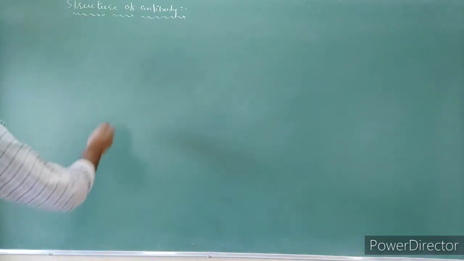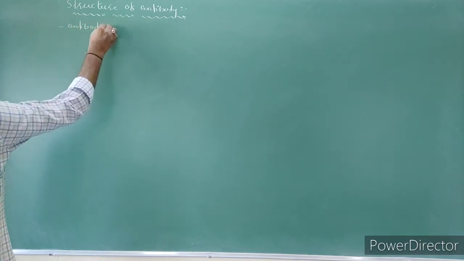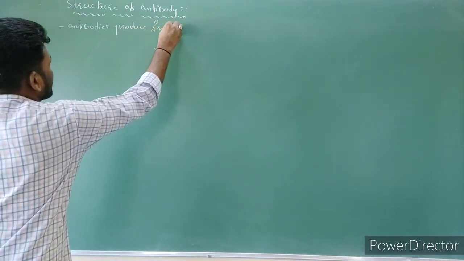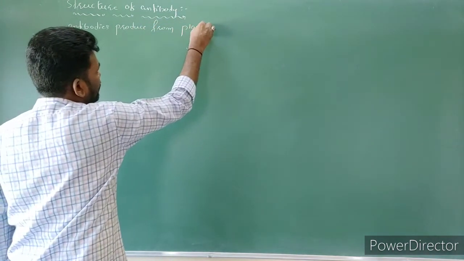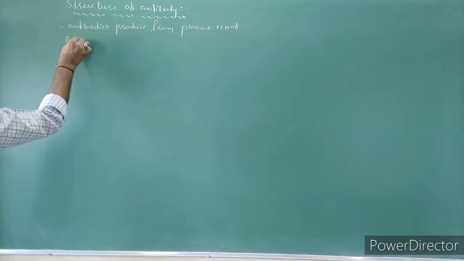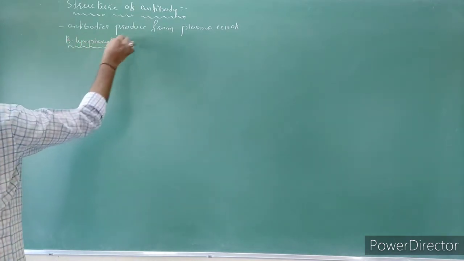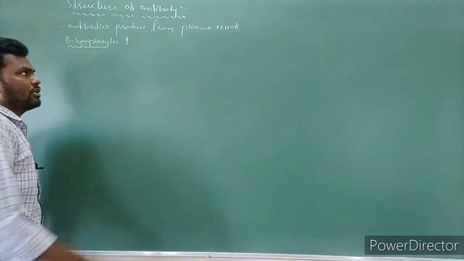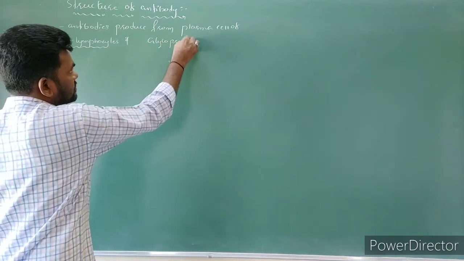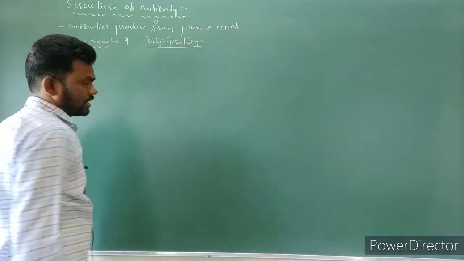Write the points. Antibodies are produced from plasma cells of B lymphocytes, right? Chemically these antibodies are glycoproteins, a combination of sugar as well as protein.